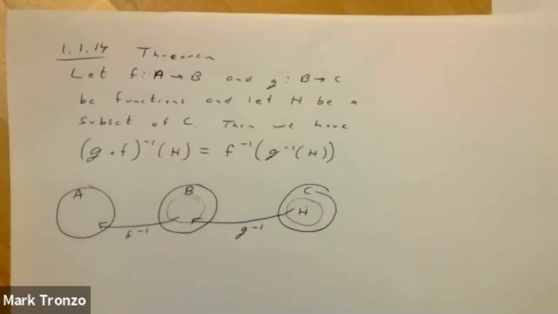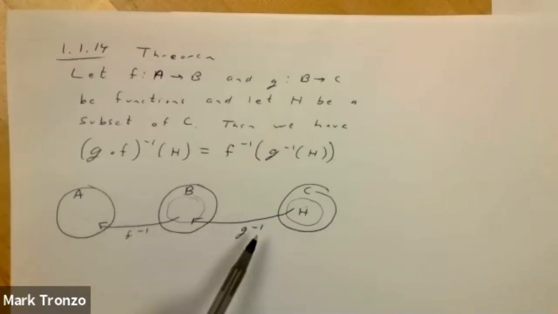Any questions on that? So you mentioned it would have a restricted domain of H, but if it's bijective, then wouldn't the entire codomain C be included in it? Yes, it would have to be. If these were both bijections, that's right.